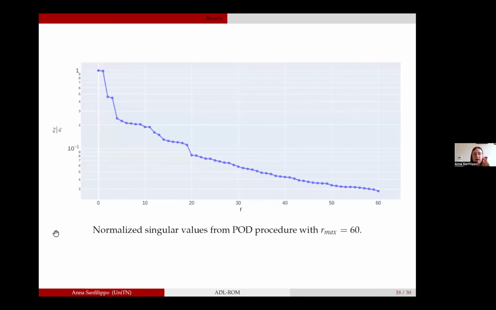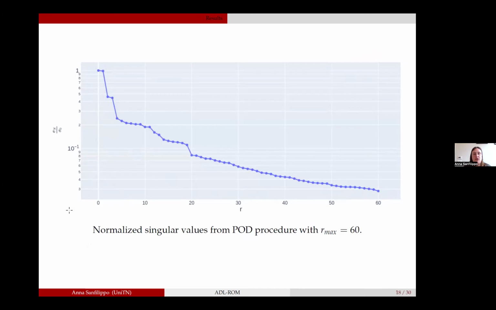And here again, we have the normalized singular values from the POD procedure up to 60 basis functions. And here the decrease seems steeper, but it's not in reality, if you remember the scale; the other one was lower.